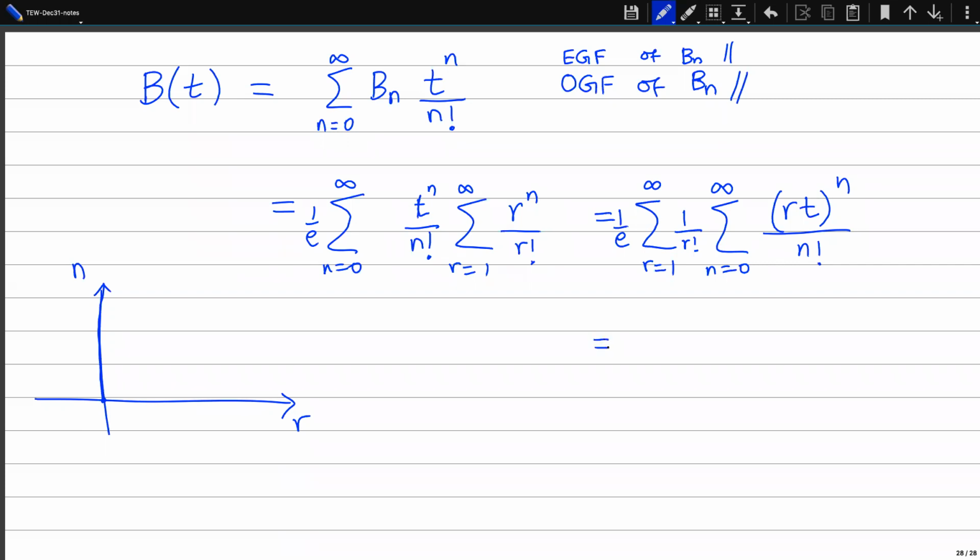So what is this inner summation? e power rt, absolutely. It became e power rt because we modified the definition to include n factorial. If I had not done it, what would I have gotten at this step?